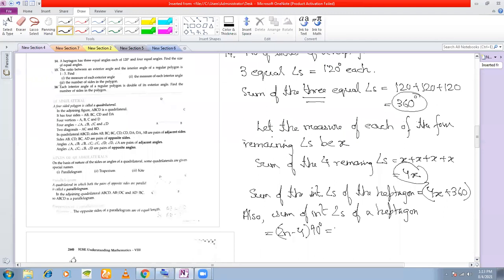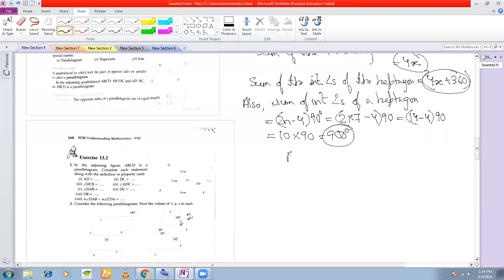Put n is equal to 7. 2 into 7 minus 4 into 90, which is equal to 14 minus 4 into 90, which is 10 into 90, which is equal to 900 degree. So 900 degree is the sum here. And what is the sum here? 4x plus 360. So they must be equal.